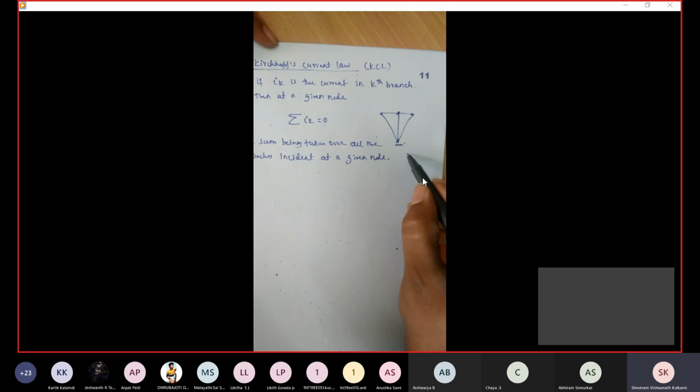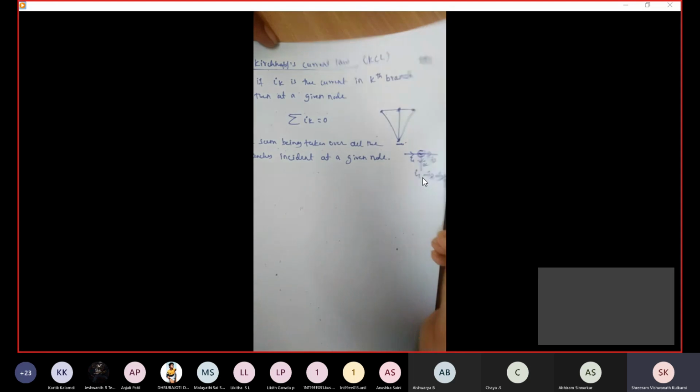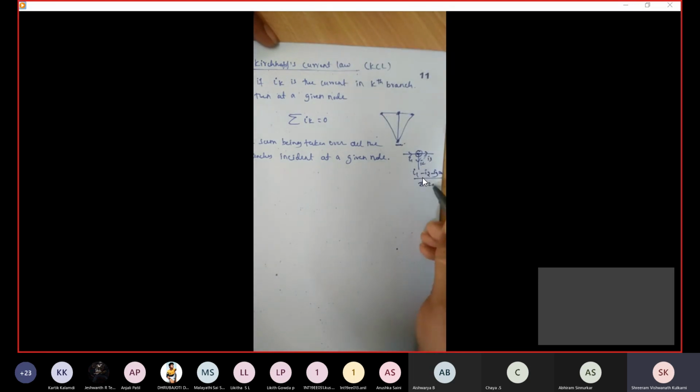It means, in this node there are 3 incident branches. Whatever current is flowing here, we take that sum. Here I1, I2, I3, I can assume I1 plus I2 minus I3 equals 0. This is summation of I equals 0. This is an example.